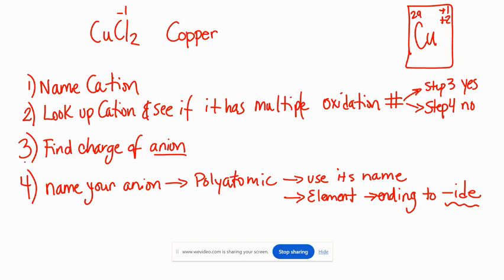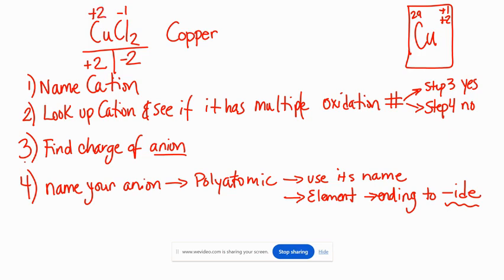Yes? Okay. I've got 2 of those, so that side has to be a -2. If this is a neutral compound, what does the other side have to be? +2. I only have one of them, so it must be a +2.